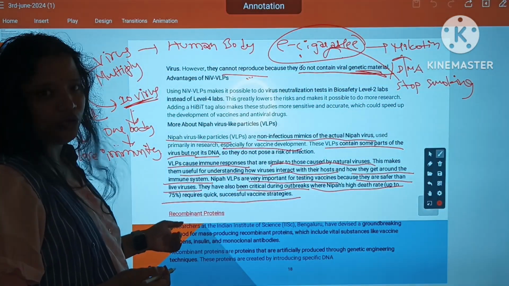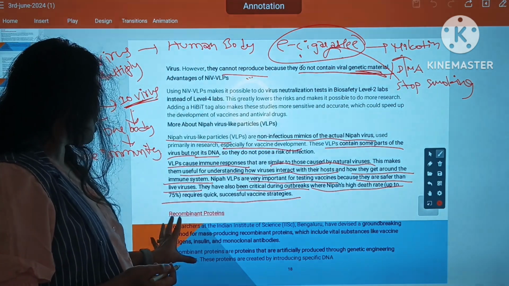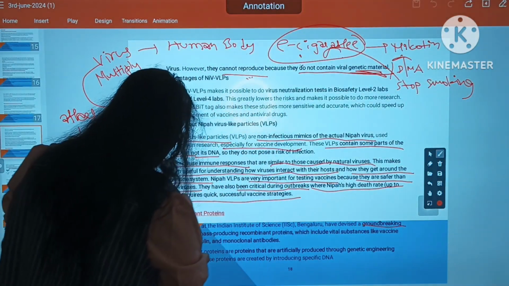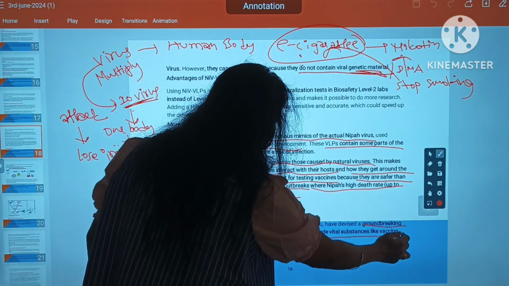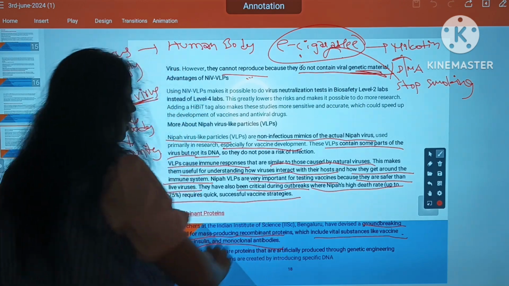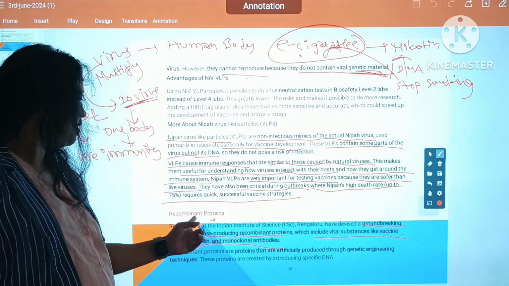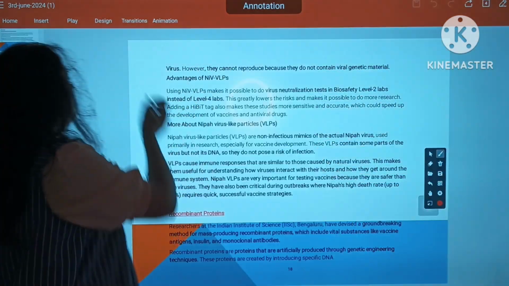So we go to another article, that is recombinant protein. A groundbreaking method for mass producing recombinant proteins, which include vital substances like vaccine antigens, insulin, monoclonal antibodies. Means what are these proteins? Recombinant protein. Vaccines contain protein.